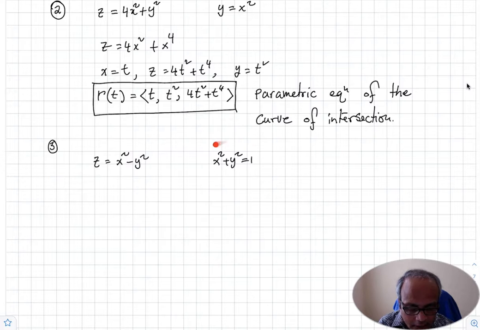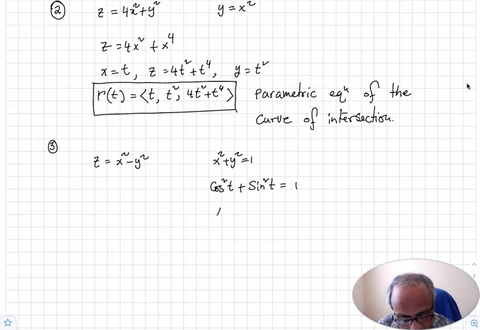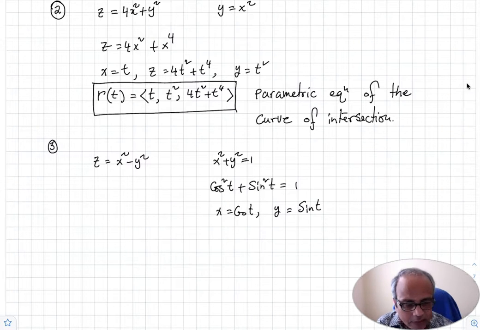I'm going to look at this equation, x square plus y square equals 1, and something nice I can say: cos square t plus sin square t equals 1, which gives me x equals cos t, and for y, sin t. So this is a trigonometric function, and we like trigonometric functions because they are more useful for vector calculus than the square root function.